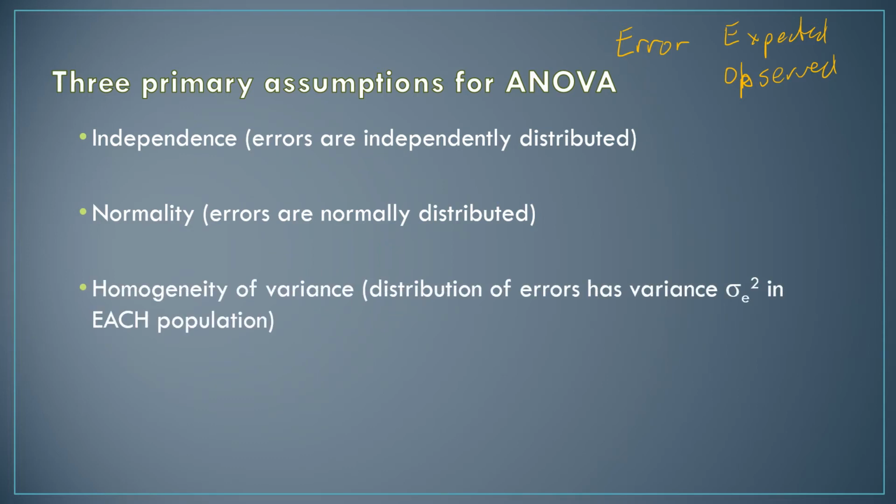And lastly, we have homogeneity of variance. Homogeneity of variance is really looking at whether the distribution of errors for each of the populations or each of the groups represented is the same, and that there's not a variation across the groups. So this way, when we look at any particular treatment or whatever our outcome is and how that outcome is being impacted, how does that variance shift between the groups?